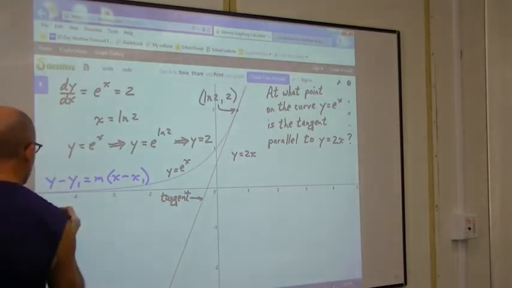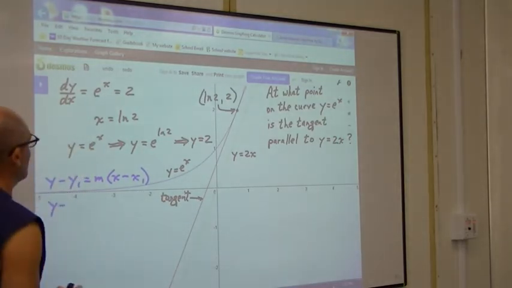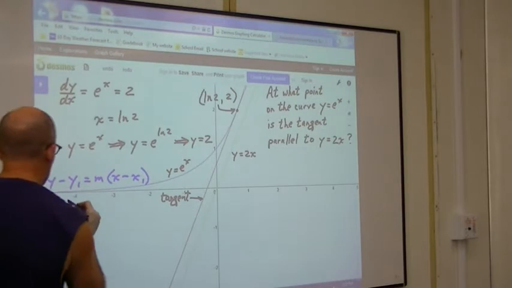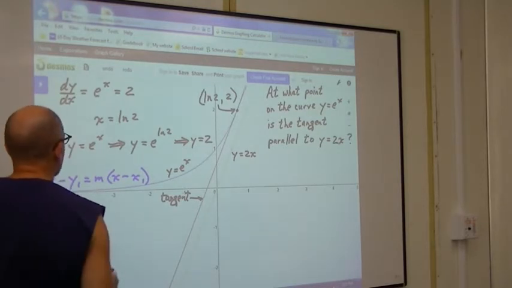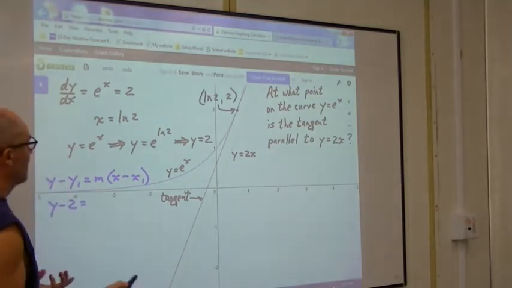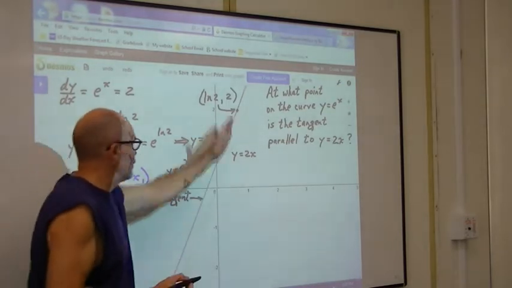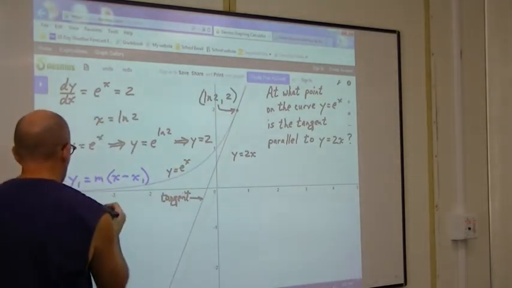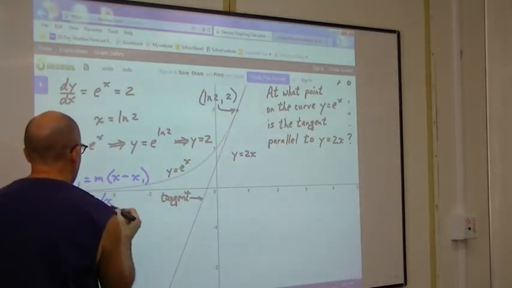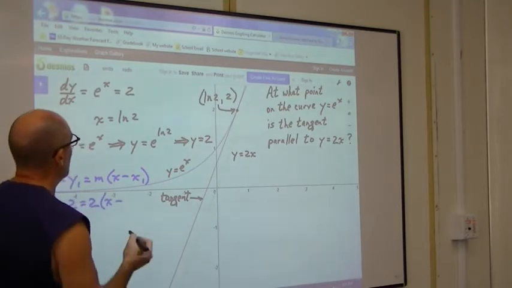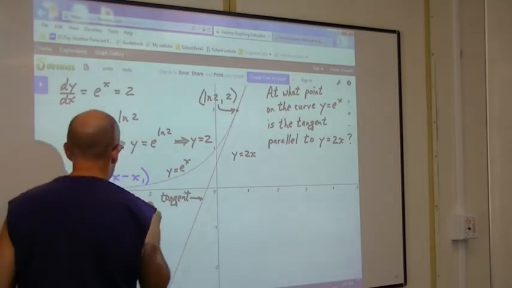All right, so it's y minus the y value. What's the y value? 2. Equals m. What's the slope? The slope is 2 times x minus the x value. What's the x value? Natural log 2.